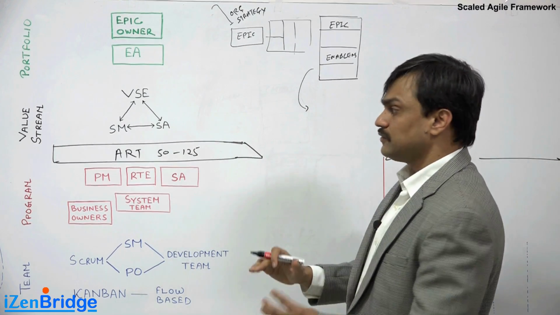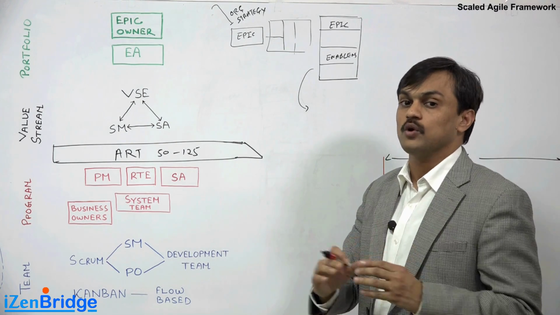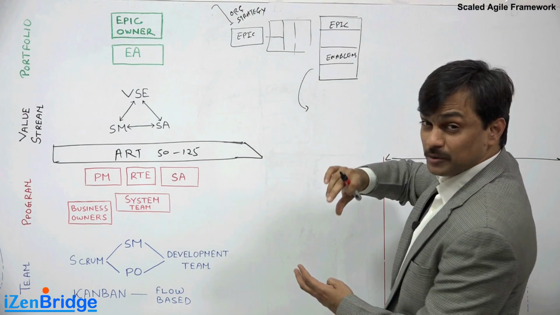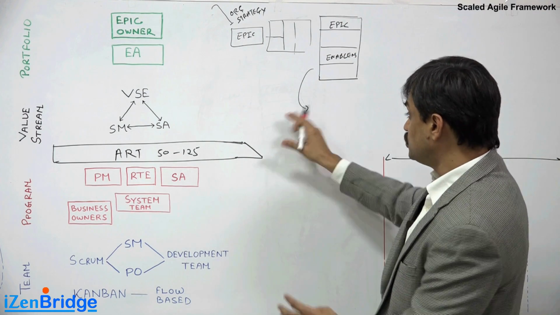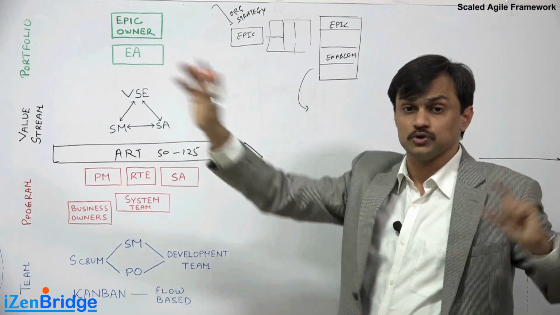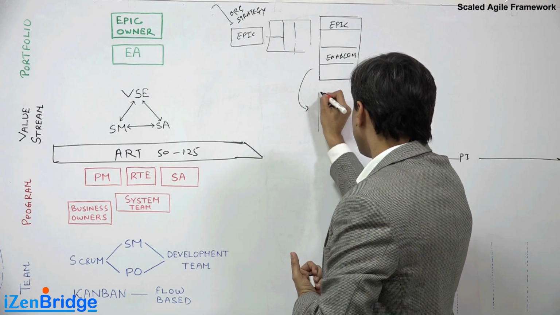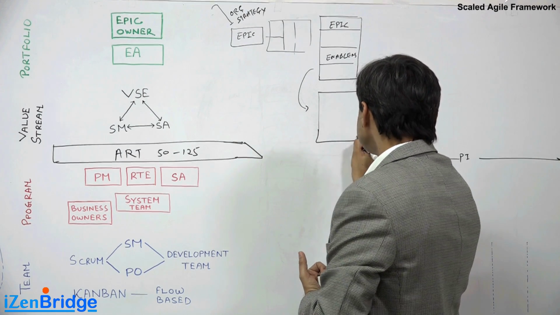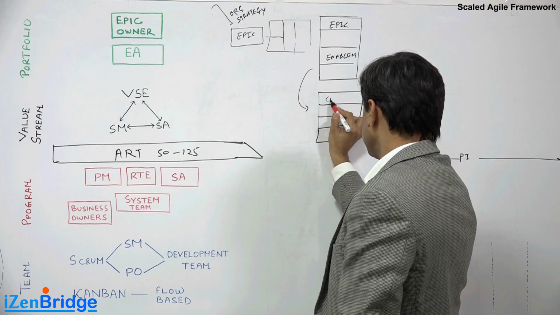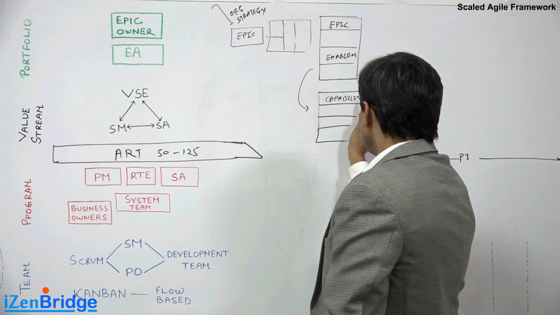At a value stream level, if it exists, the value stream level only comes into the picture when you are working with more than 125 people and these epics cannot be taken by the train directly. You need a capability backlog, and from there it can get distributed to multiple trains. So here comes the second-level backlog, called the value stream backlog, which will have capabilities.